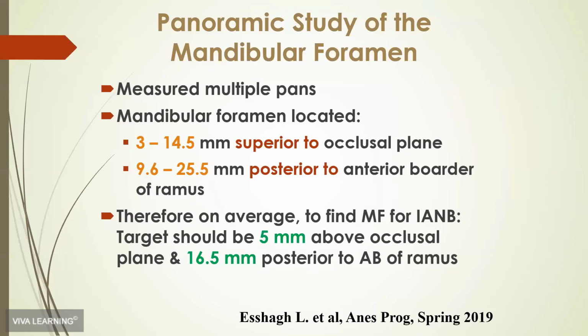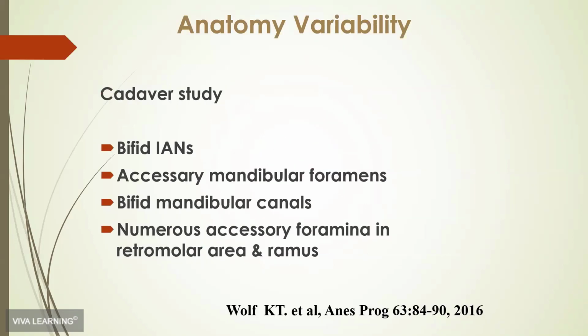So if you want an average location for an injection, try to be about 5 millimeters above the occlusal plane and maybe about 16 millimeters behind the anterior border of the ramus. That might give you an average spot with respect to where the inferior alveolar nerve enters the ramus.